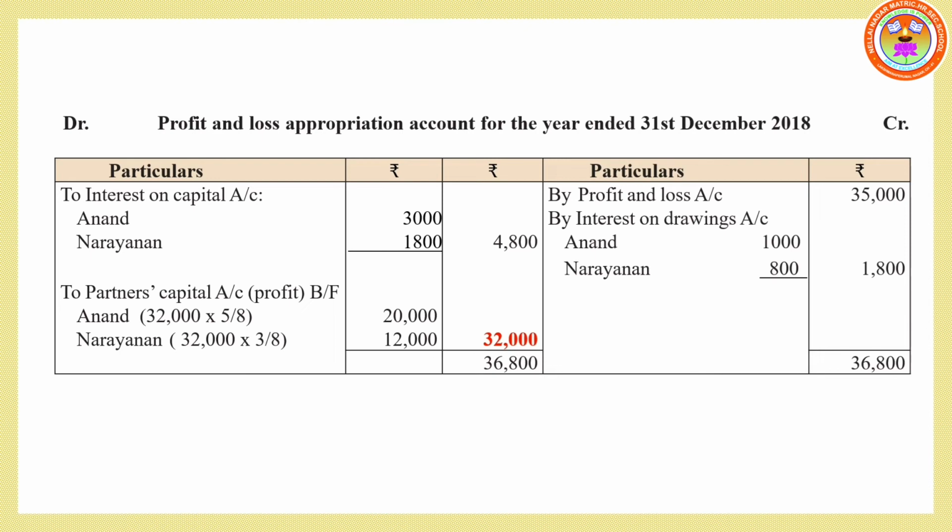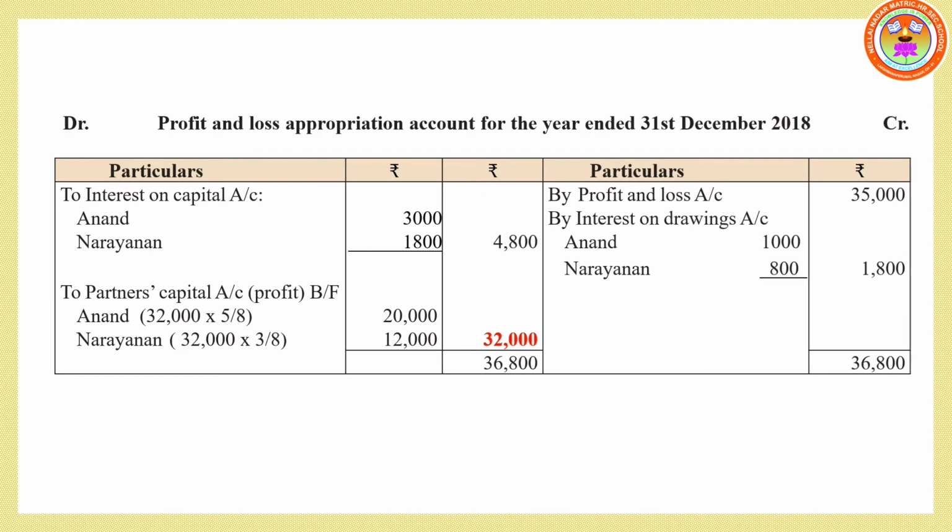By profit and loss account. That means the net profit of the firm. How much is it given? 35,000. Then interest on drawings of the partners should be credited. Only two items: by net profit or P&L account 35,000, then interest on drawings of the partners, Anand 1,000 and Narayanan 800.